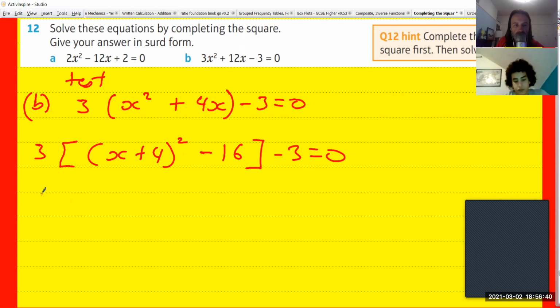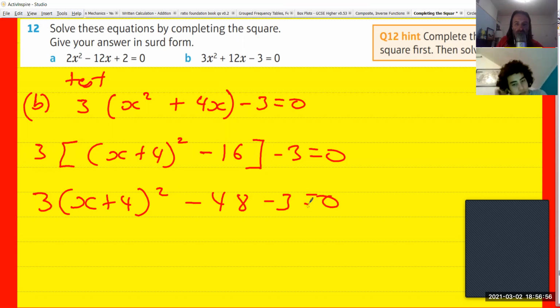So it'll be x plus 4 squared minus 48 minus 3 equals 0. So it'll be x plus 4 squared equals minus 51.